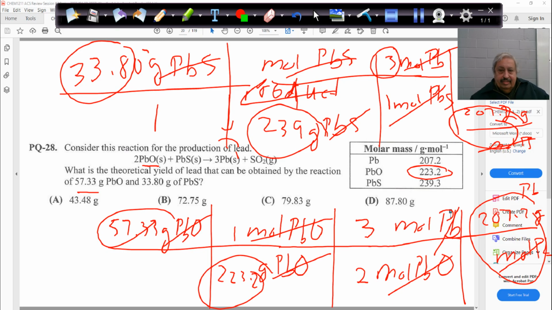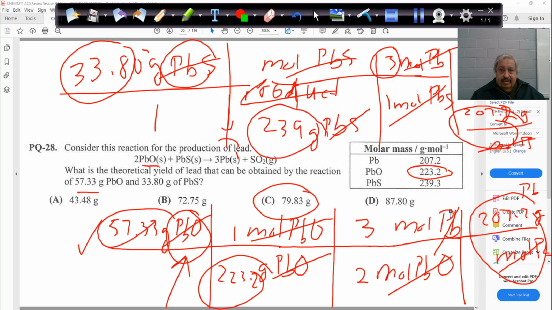Which one is limiting? Did you get the limiting, guys? The answer is C. Okay, so based on the limiting, correct? Is this one limiting? Yes. So that's the answer based on this.